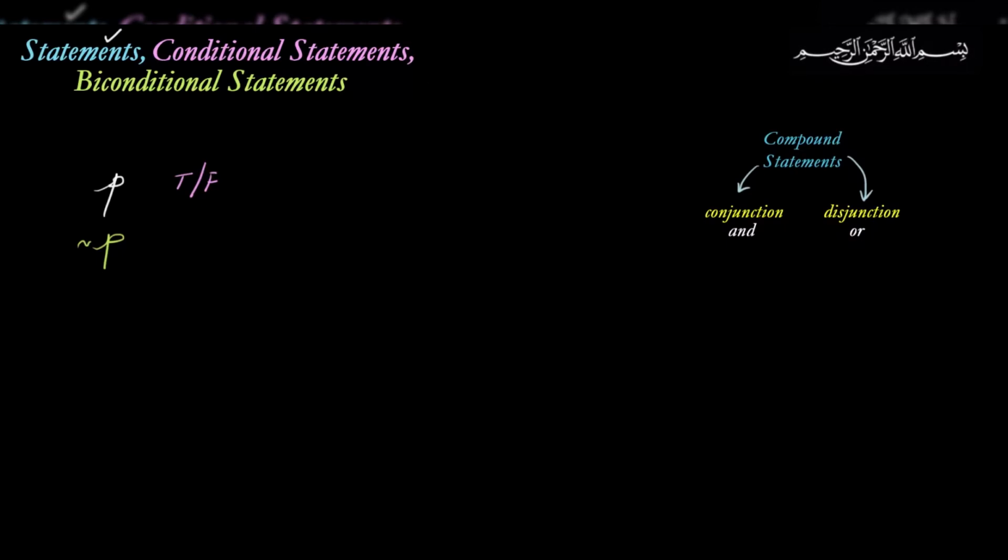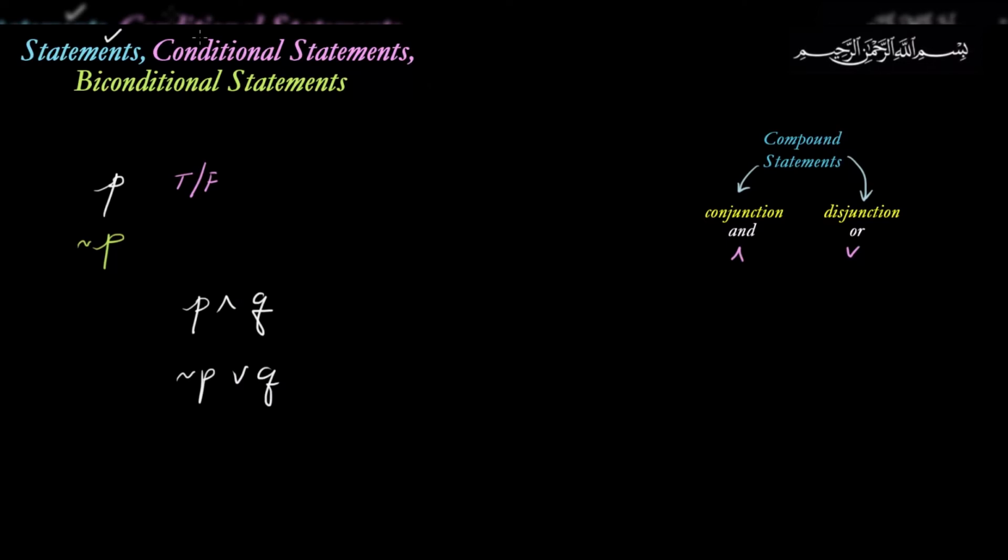Symbolically, we write a conjunction like this, and the symbol for or is like this. So we say P and Q, or we say not P or Q, like that. That is the material that we covered previously.